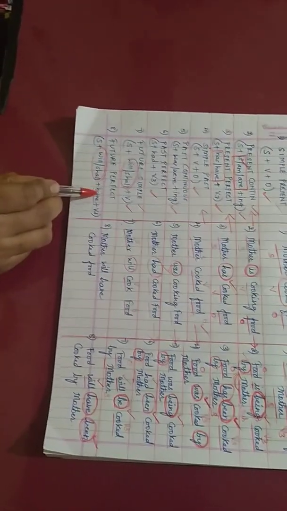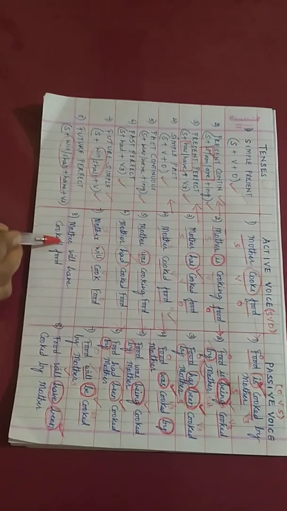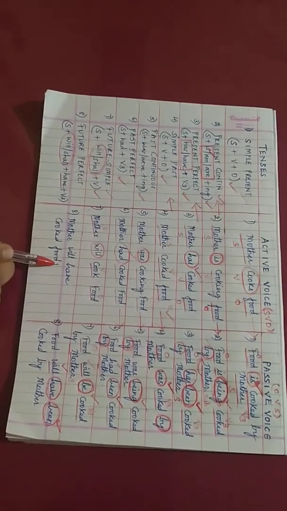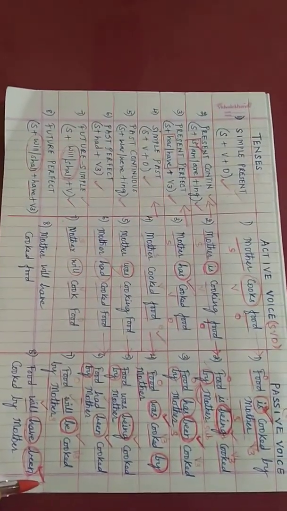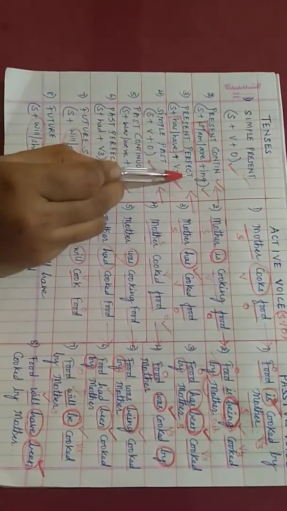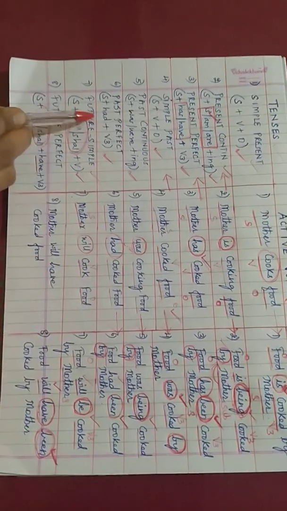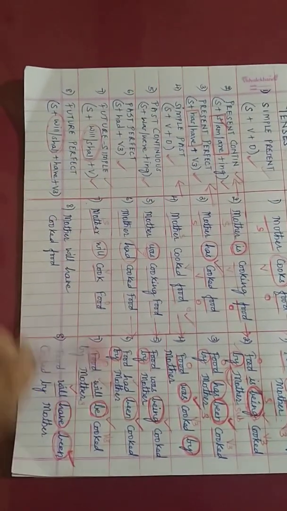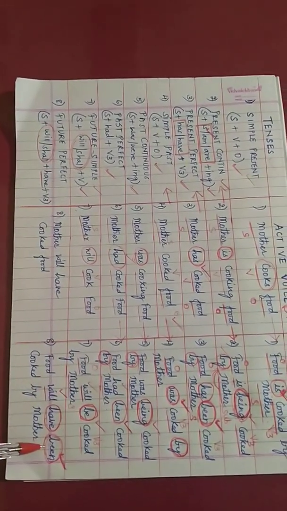And here we have future perfect tense. The same applies, the formula is the same. What we have added is been. So for all the perfect tenses, like present perfect been, past perfect been, future perfect been, you need to add.